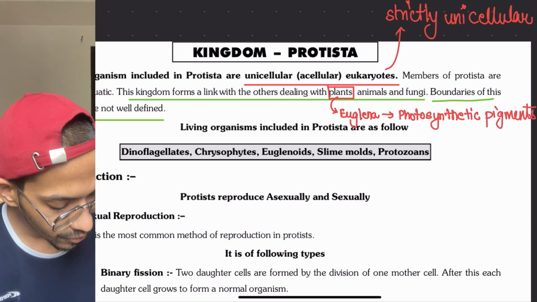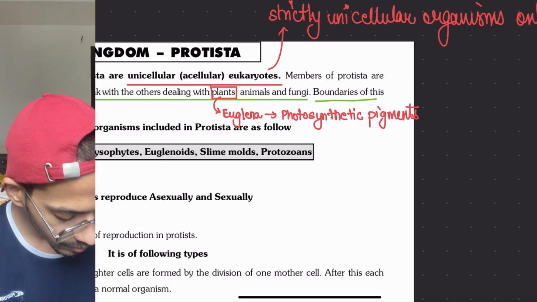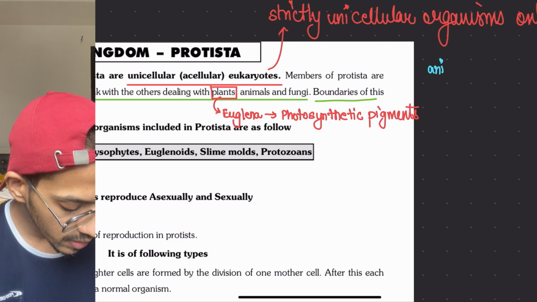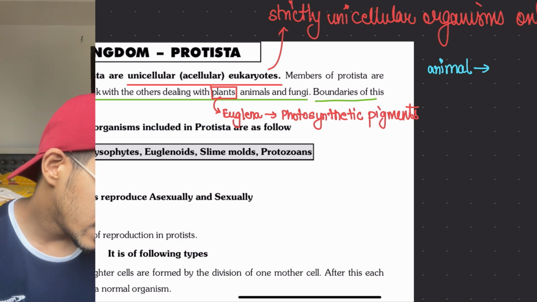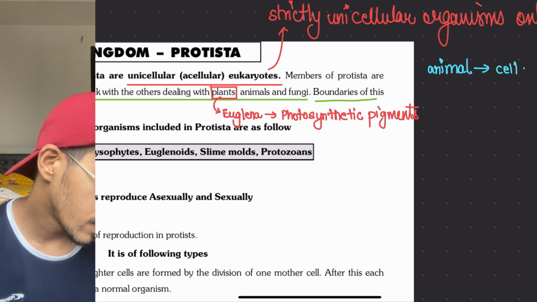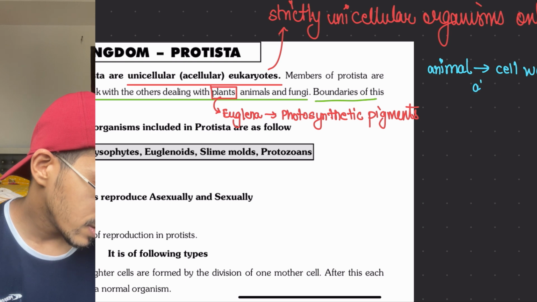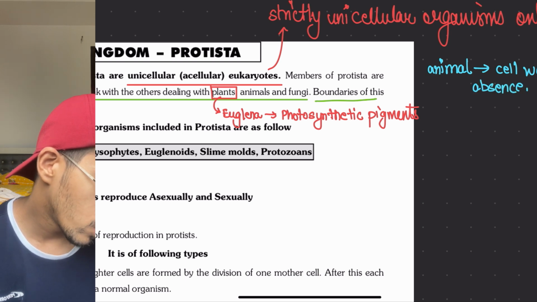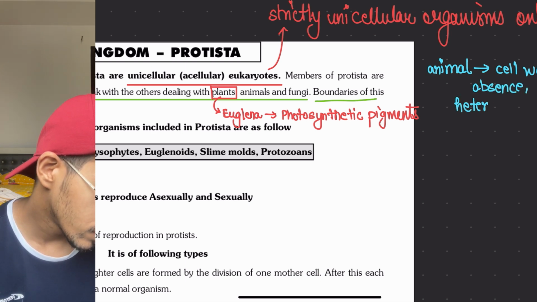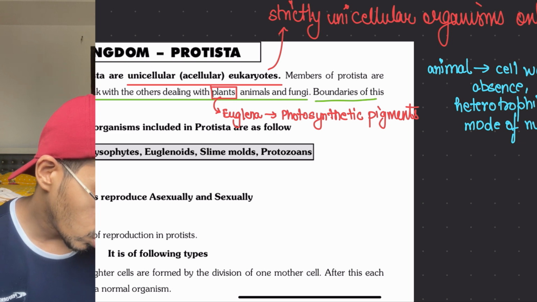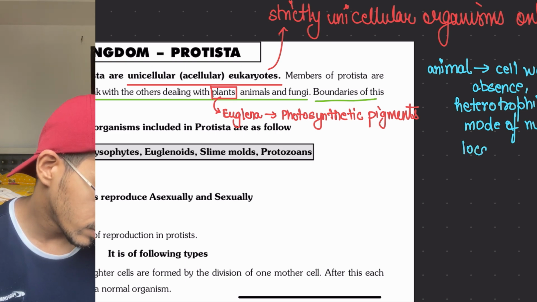Then if there are features like animals, what are the features like animals? Cell wall absence, heterotrophic mode of nutrition, even locomotory function.